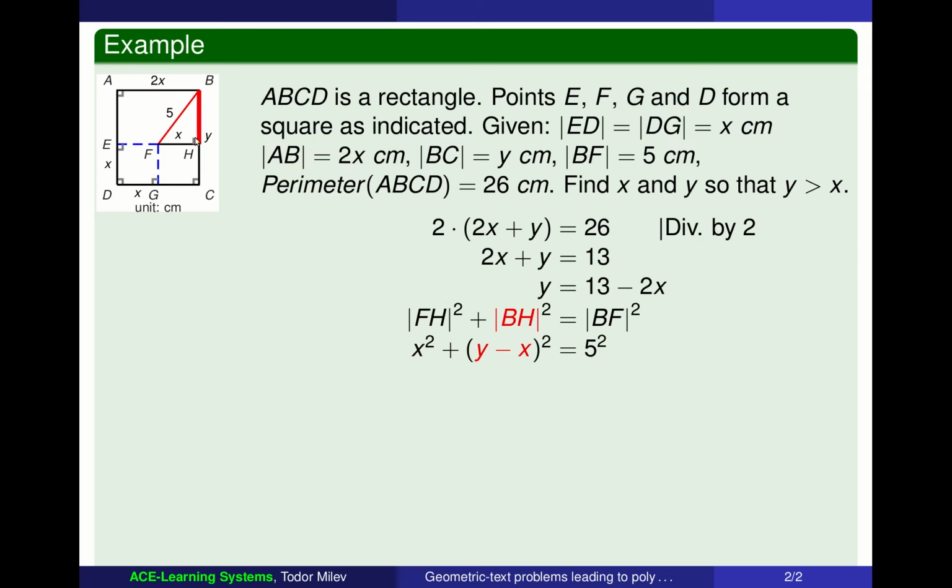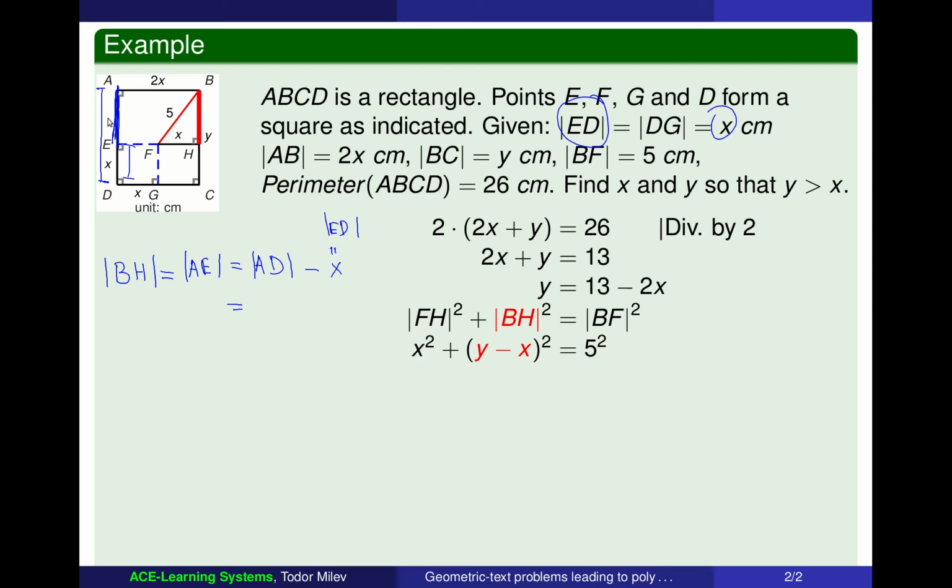Similarly, the segment BH equals, well, it's certainly equal to the segment AE, this guy, and that's certainly equal to AD, this larger segment, minus the smaller segment here, the segment ED, that was x.